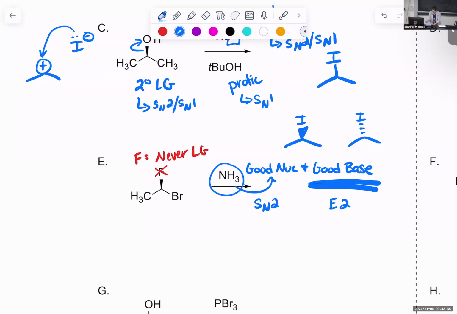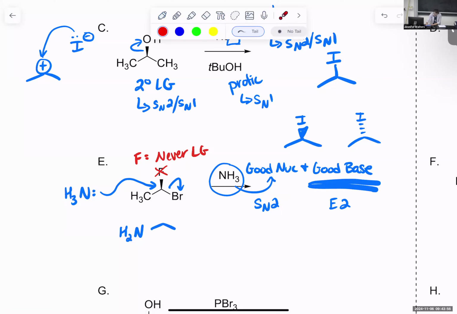So if I do SN2, then my amine does the backside attack and it comes in. There are two ways you could show this. Either show that your nitrogen is now on the left-hand side. So you switch your lines: your leaving group is on the right, so your nucleophile goes on the left, and you keep the wedges and dashes the same.